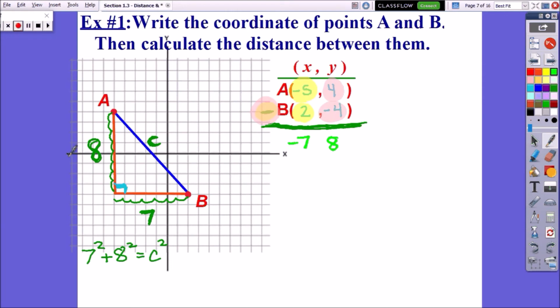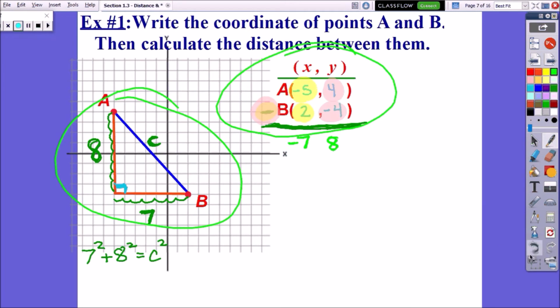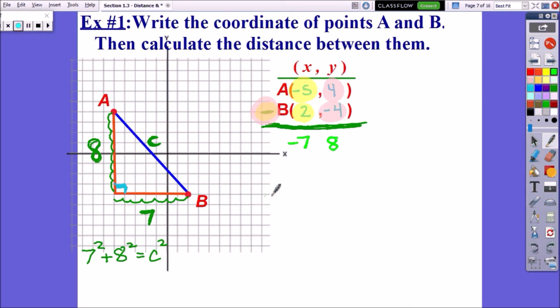We can move in the left direction in a negative direction, or we can move down in a negative direction in the y axis here. But anytime we're talking about lengths of a triangle, we can't have negative lengths. So the way to alleviate the difference between having negative values in coordinates but not negative values in actual length is this: this negative 7 is really a positive 7 in length.